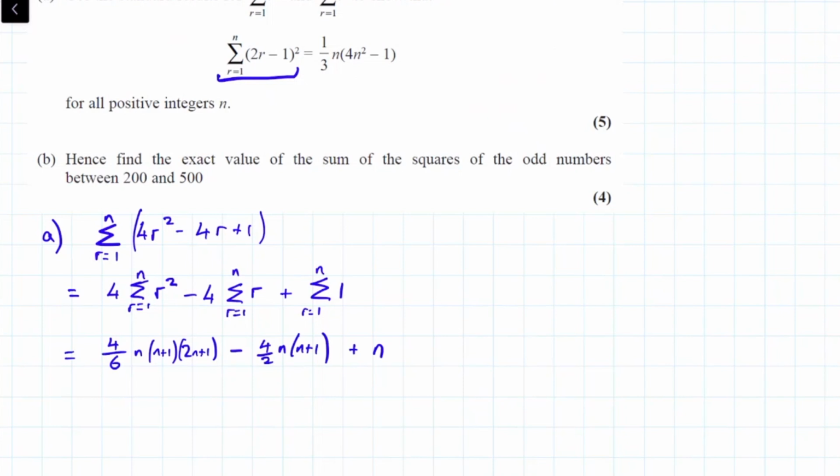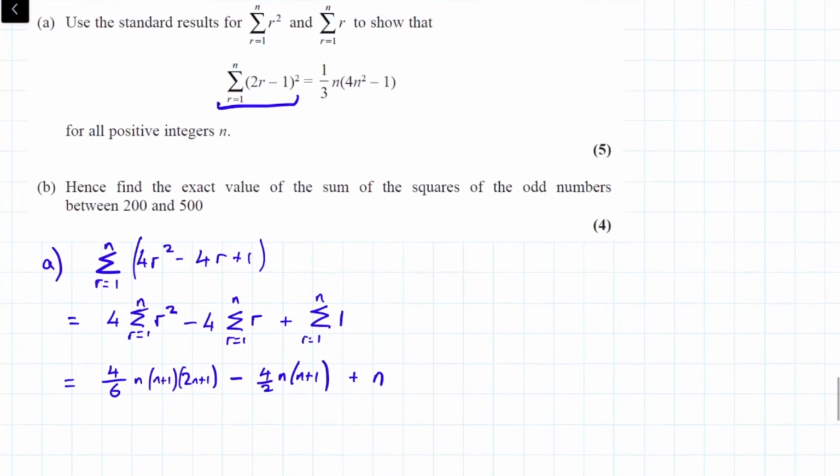At this point, we should look at what we are trying to form. We see there's a common factor of n to be taken out, which should be easy enough for us to do. But we've also got a common factor of 1/3. And perhaps that's less obvious where that comes from. But we are going to force this 1/3 n out as a factor and see what is left.